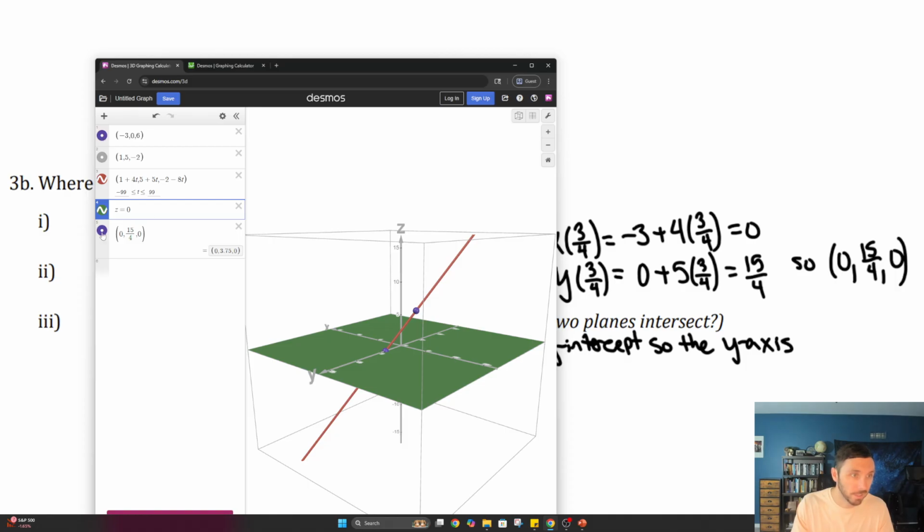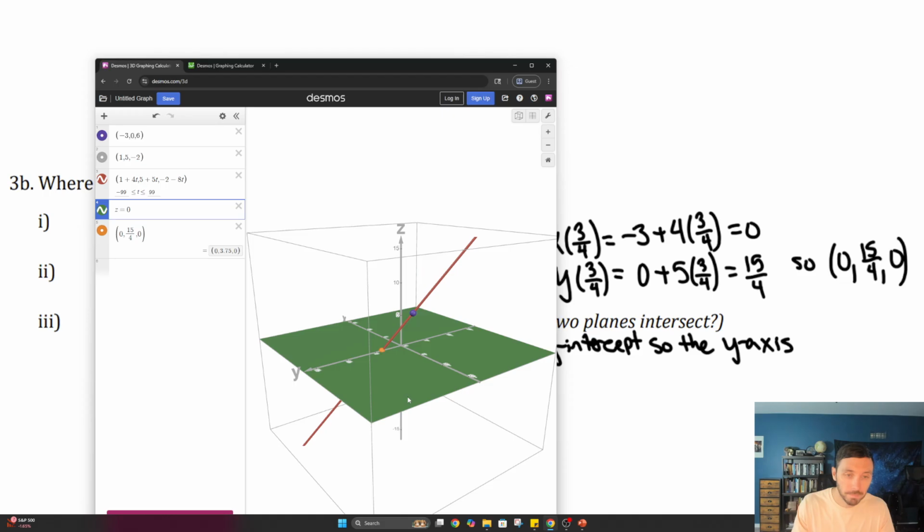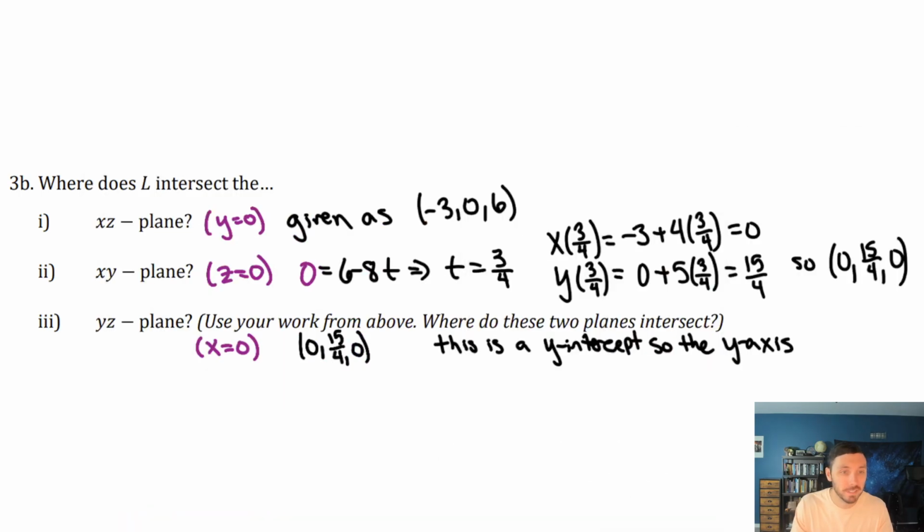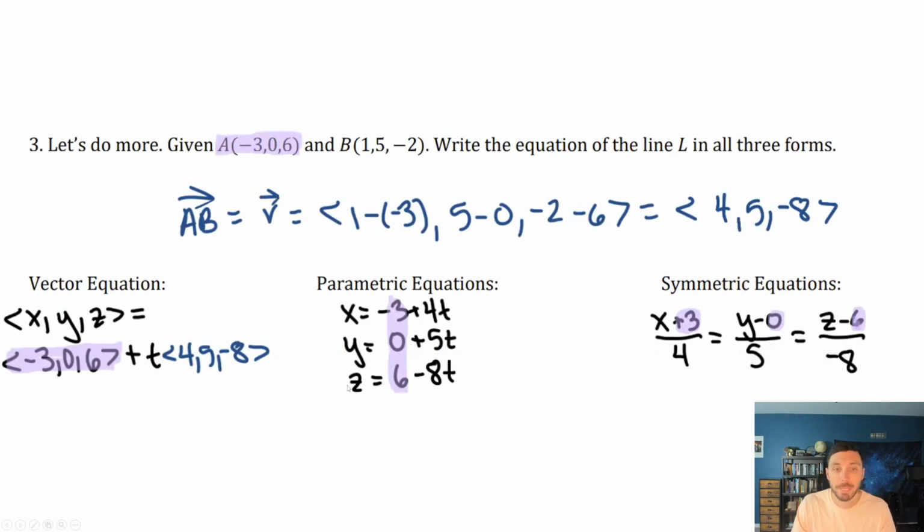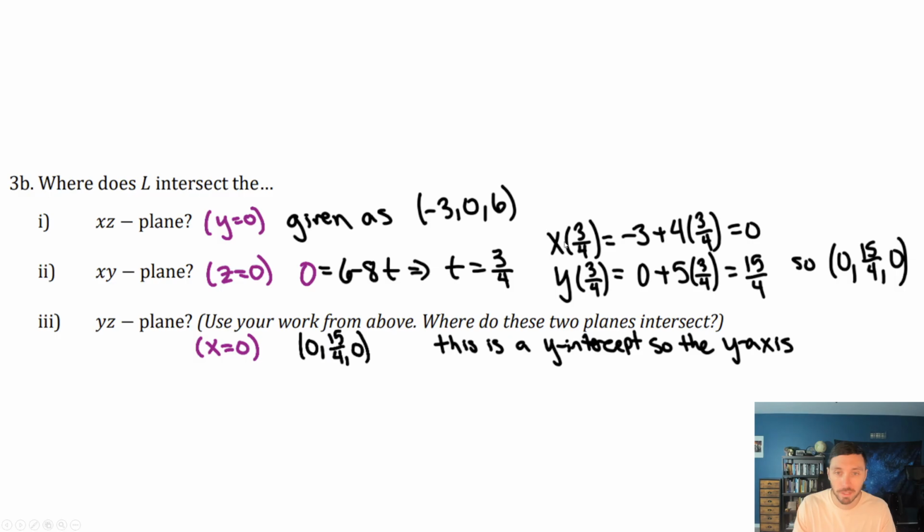And I'll make it a different color. It is orange. Now this is a little confusing though, because this point is also on another plane, right? So use your work from above. Yeah, I can plug in x is equal to 0 and I can find that time value. Sure, and I can plug that into the z component and y component, but it's the same thing.